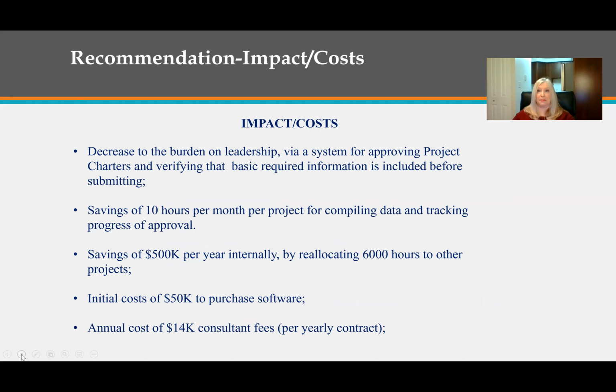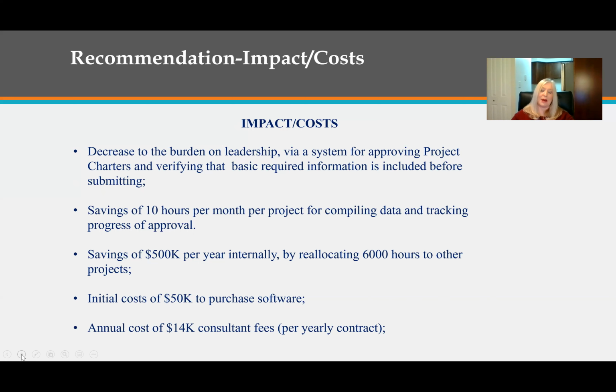The organizational impact will be seen as a decrease to the burden on leadership by the creation of the project charter business processes, by having a system for approving project charters and verifying that the basic required information is included before submitting. Approving and tracking documents in the system instead of going through emails gives more visibility to their status and allows for easier tracking.